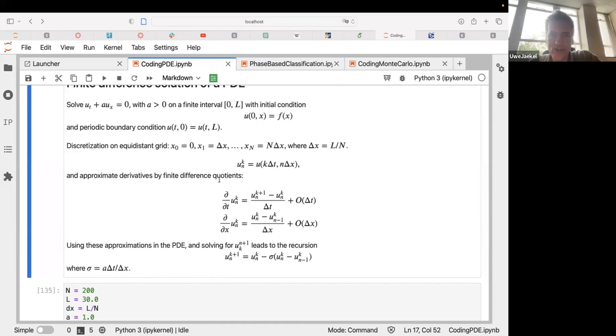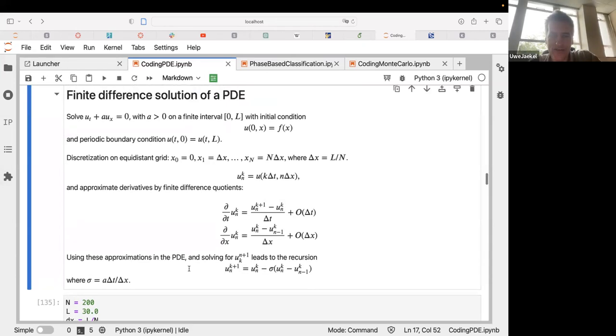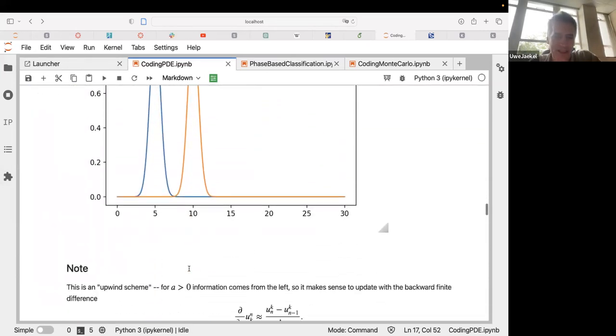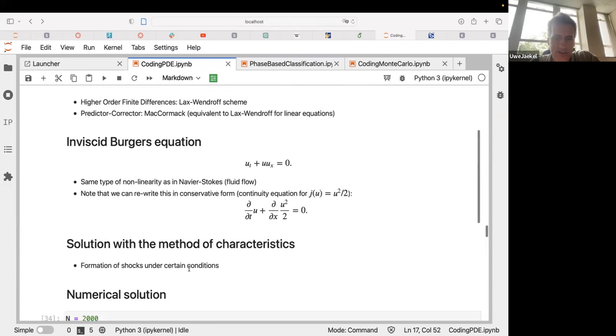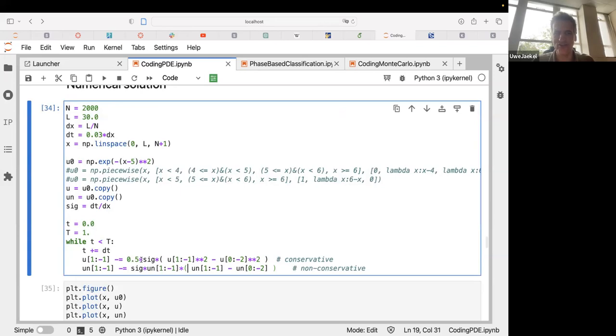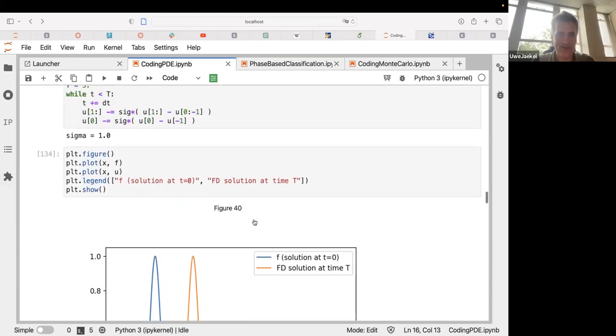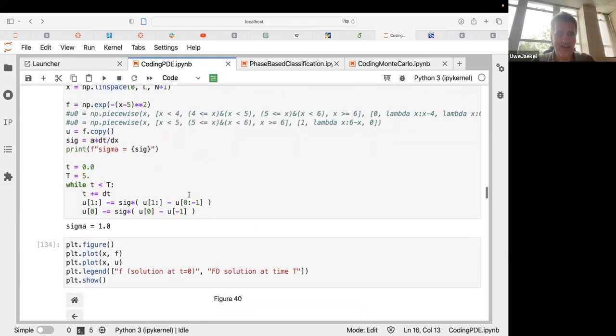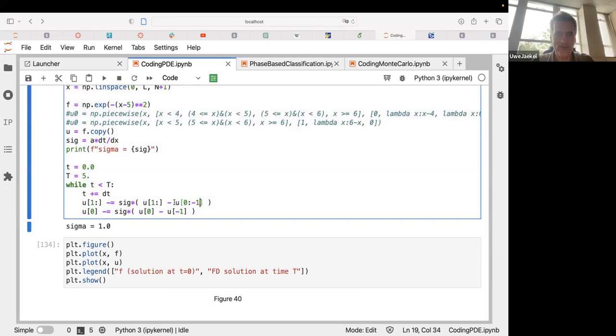And let's see what happens if we are doing it wrong. I don't want to change the code too much. So we could do the updates to the left.